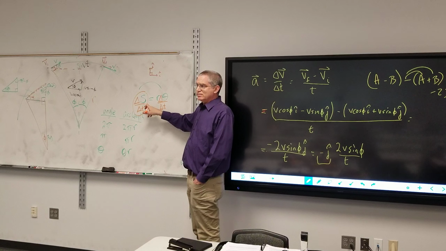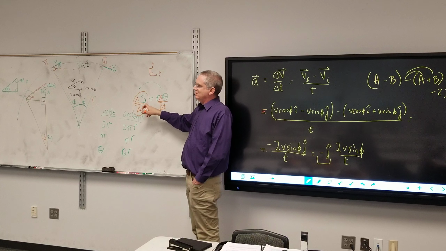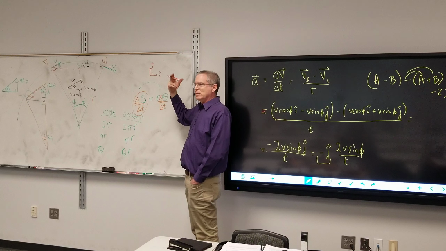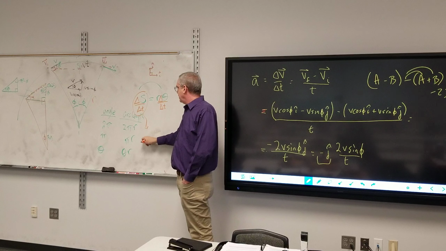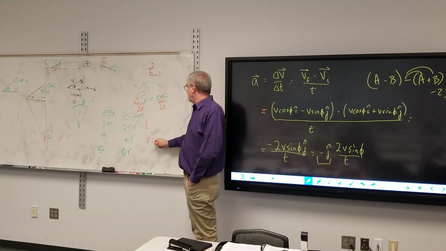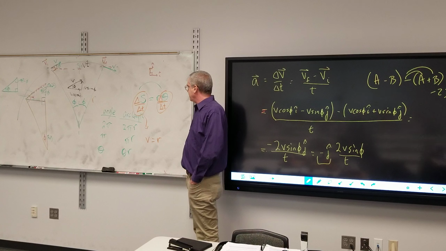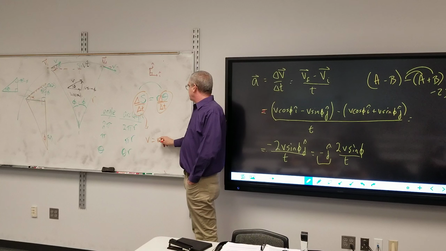Distance over time. So speed is equal to r times the angle over time. Well, our angle in this case is 2 pi over time.